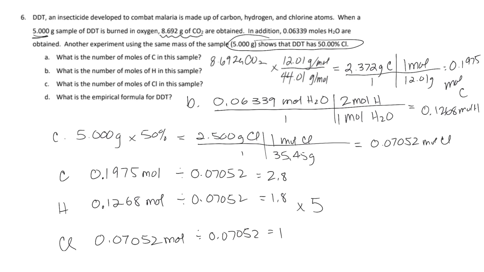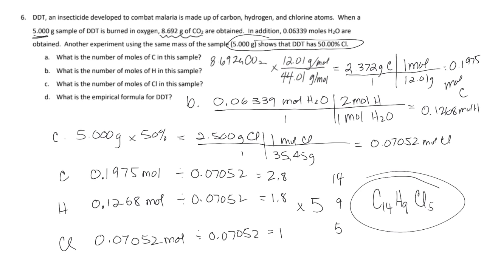So what I'm going to get is 14 carbons, 9 hydrogens, and 5 chlorines. So it's C14H9Cl5. And there is my empirical formula for DDT.